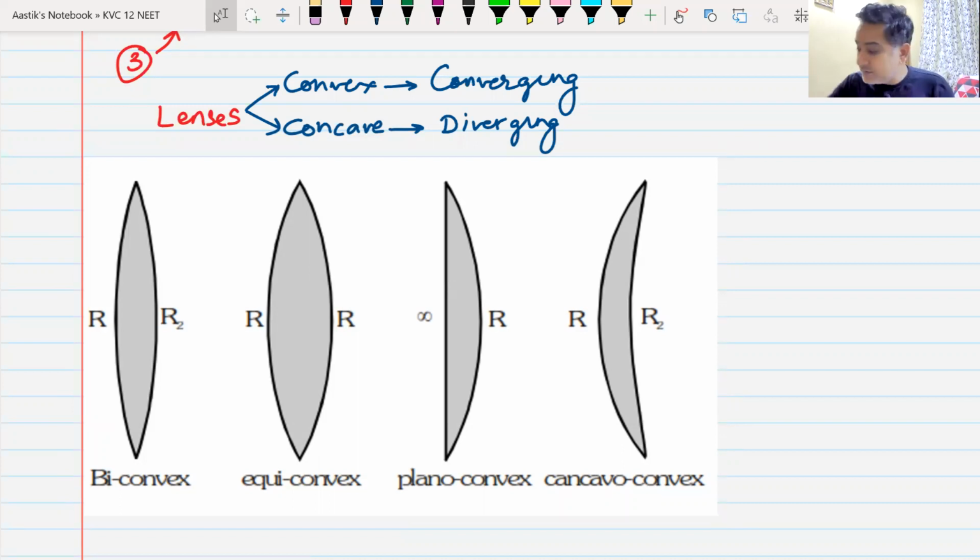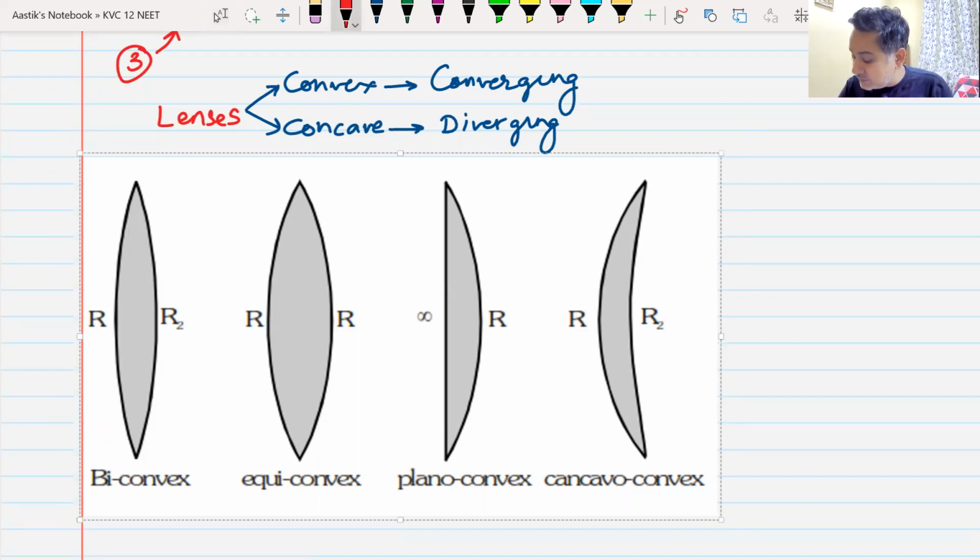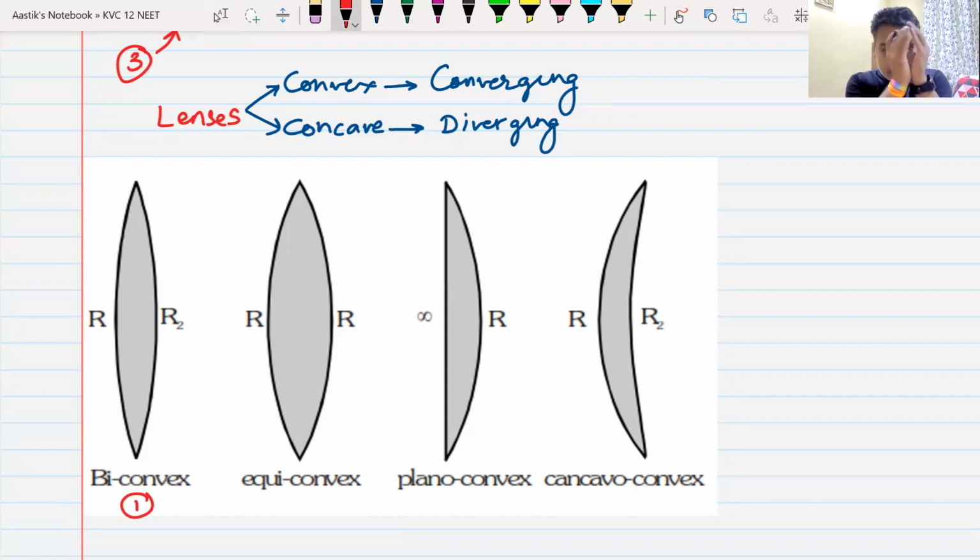The first lens in this category, number one, is known as the biconvex lens. It has convex surfaces on both sides. Do we understand this? Yes, sir. But the difference is that both the refracting surfaces have different radii of curvature. One has R1, the other one has R2. Therefore, this is known as a biconvex lens.